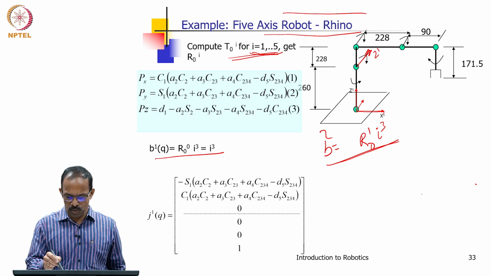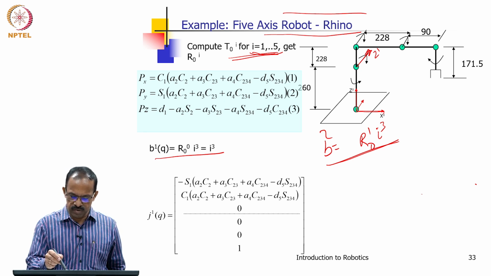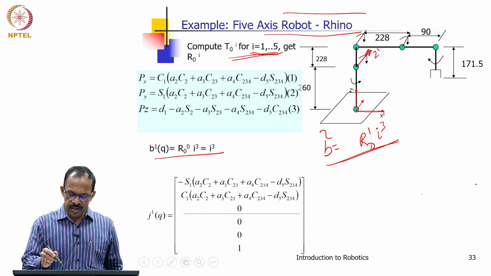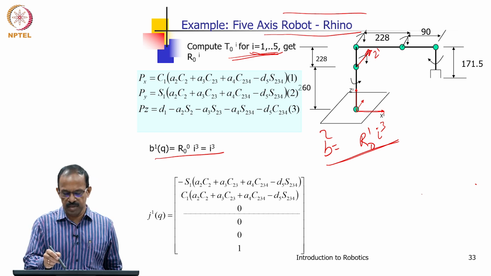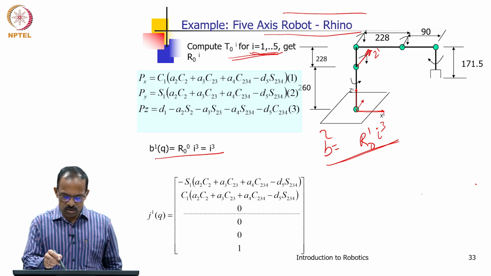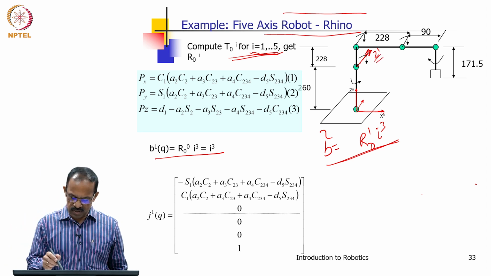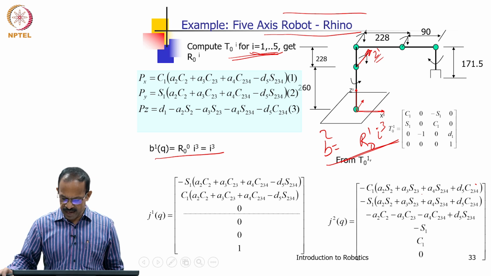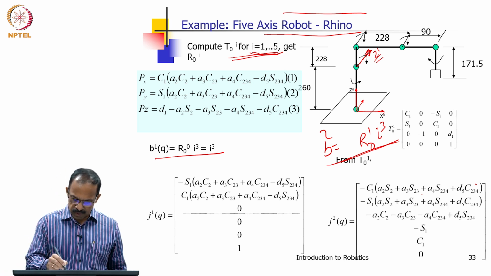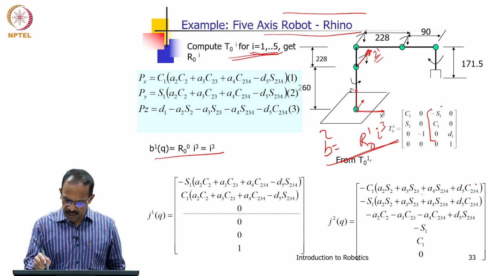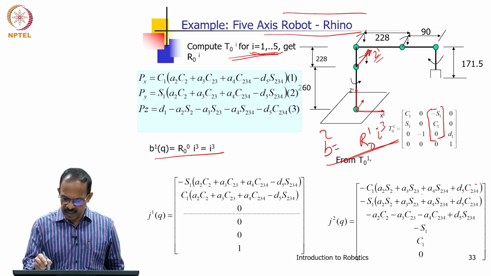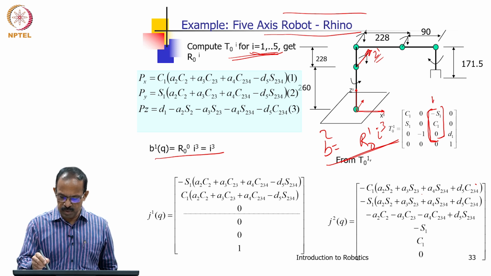If you take R01, it says what is the orientation of this coordinate frame with respect to this coordinate frame, and then we need to know how the axis Z1 is related to the axis of the base coordinate frame Z0, and that is obtained by getting this Z1. So, this is T01, and as you can see here, we are looking for this vector, which is basically the B1.